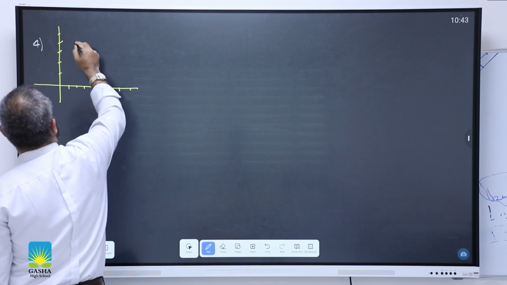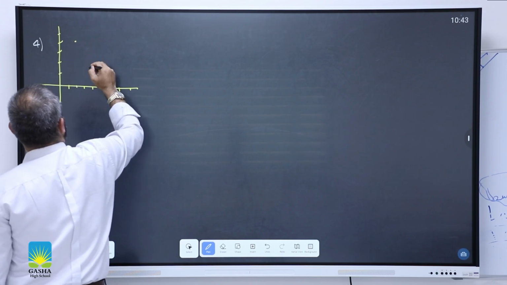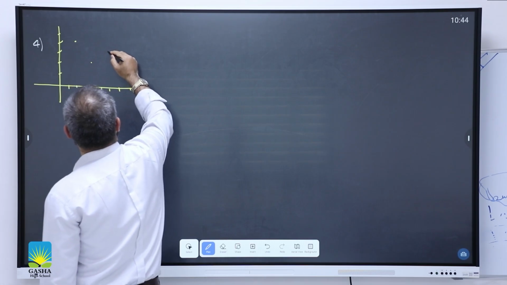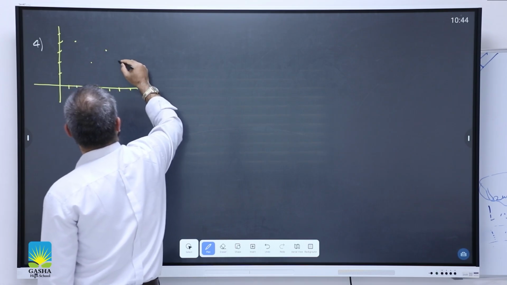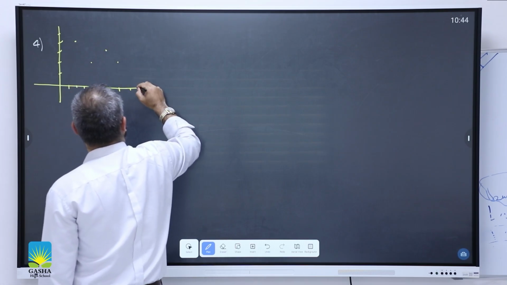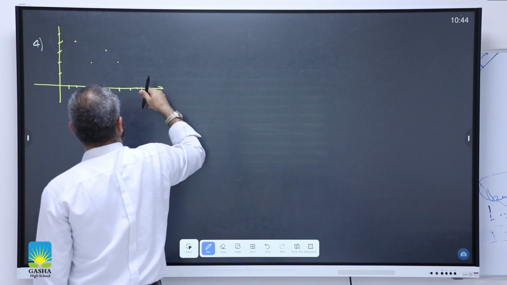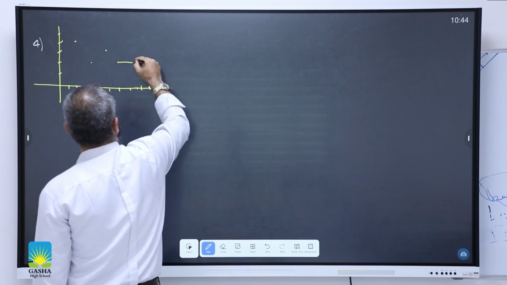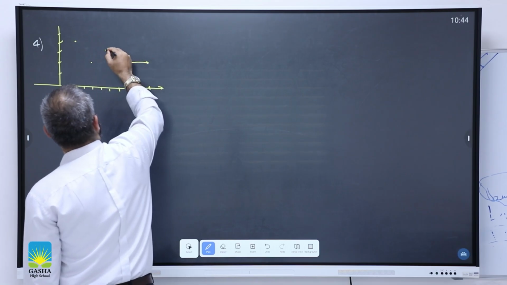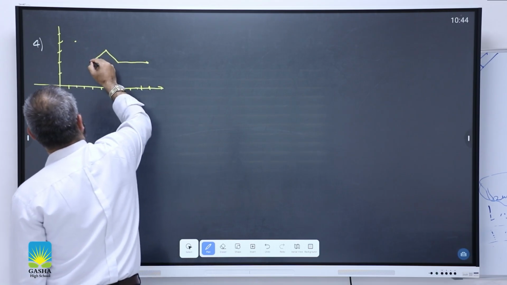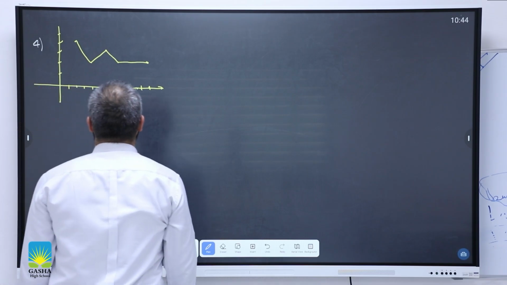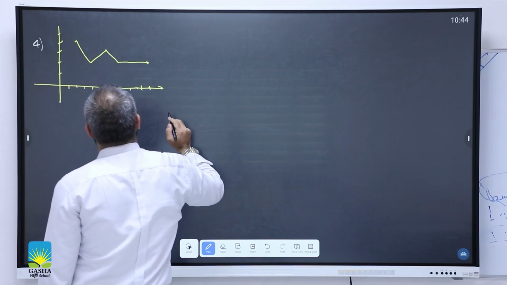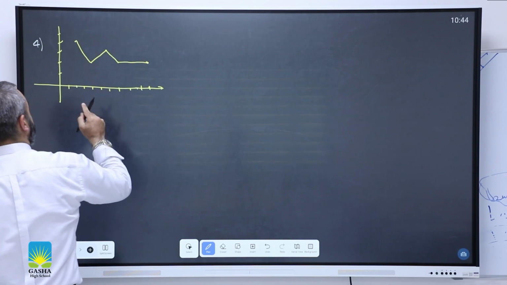So we have the graph about this function. We continue. Right? So what about the mean value on this graph?